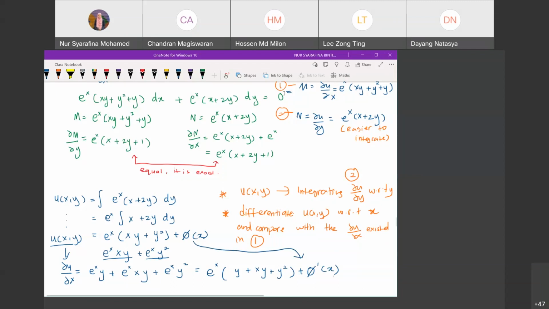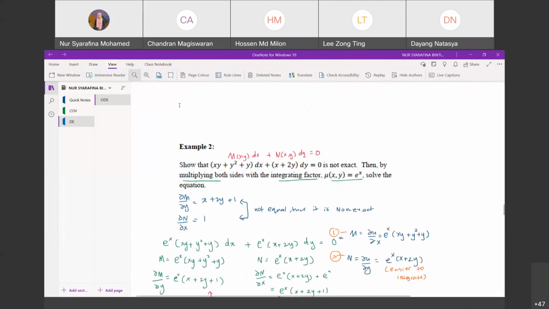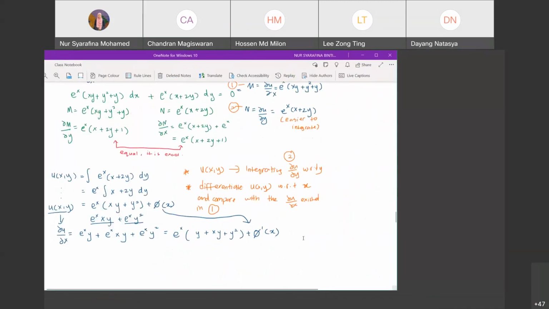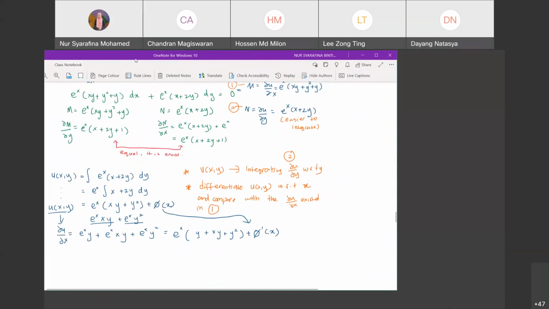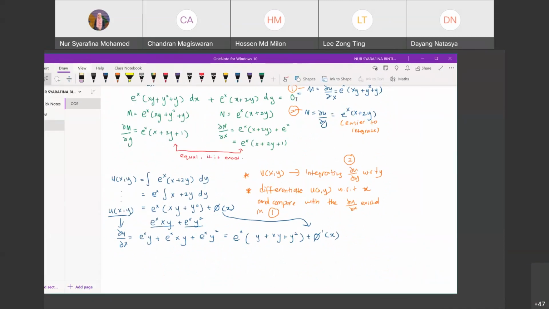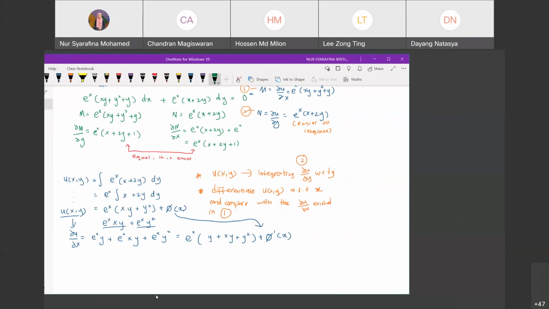And then what you need to do is to compare with del u del x in the first equation, where del u del x equals e^x times (xy plus y squared plus y).